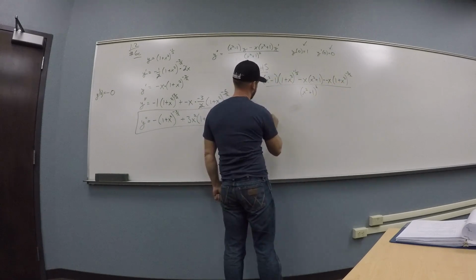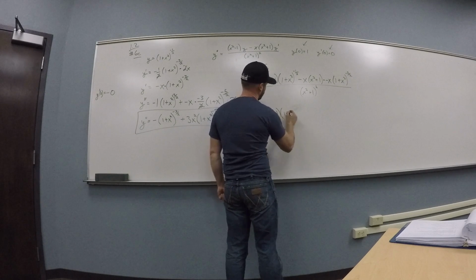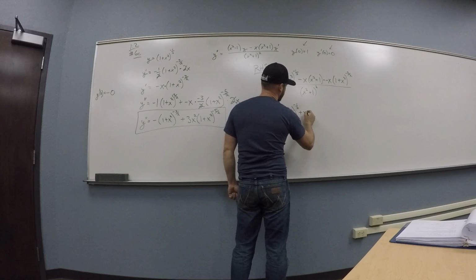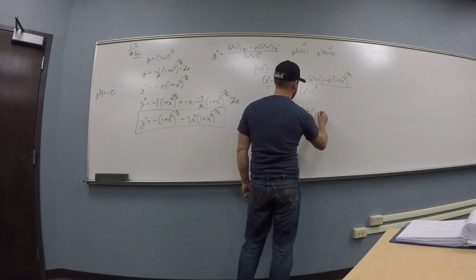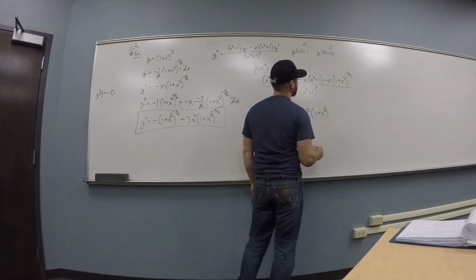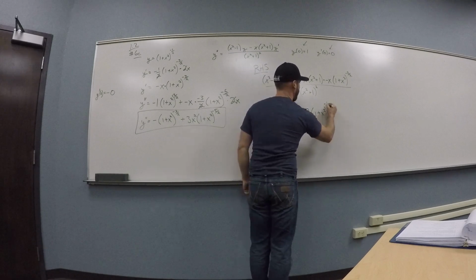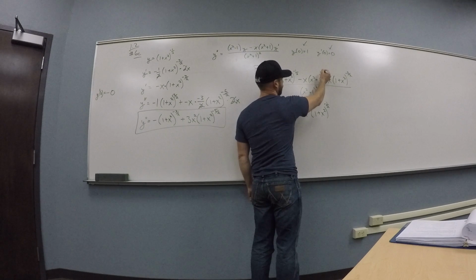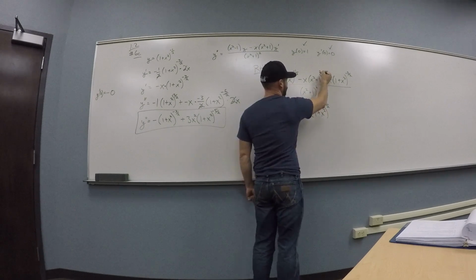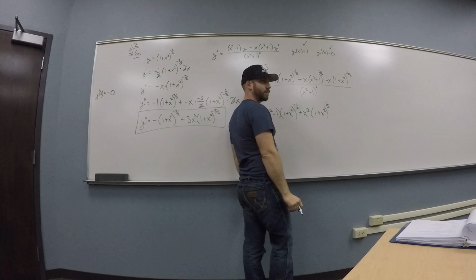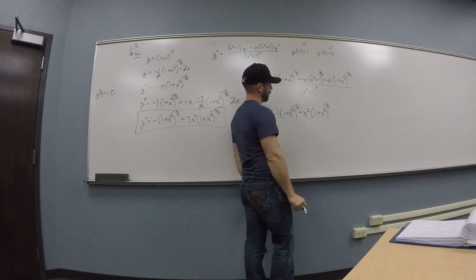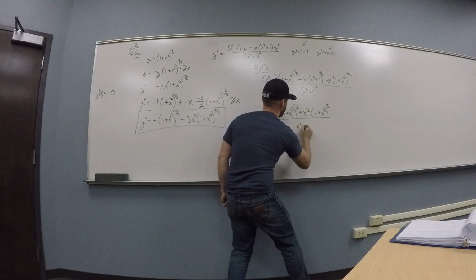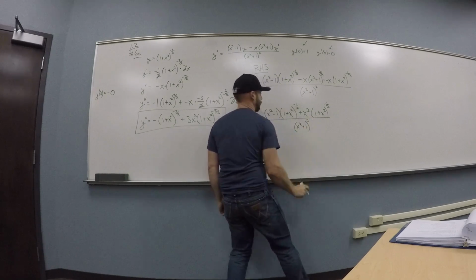So that's x squared minus 1 times 1 plus x squared to the minus 1/2, plus x squared times 1 plus x squared to the minus 1/2, and on the bottom I've got x squared plus 1 squared.